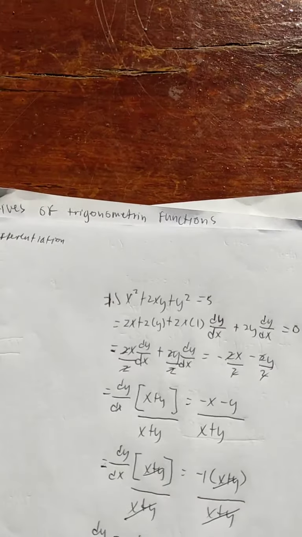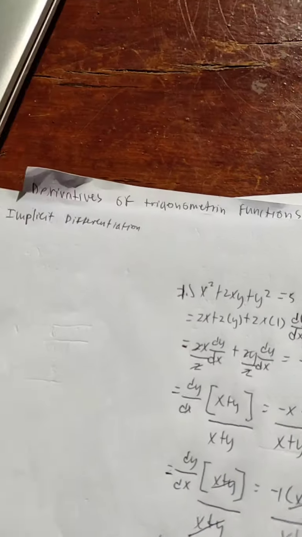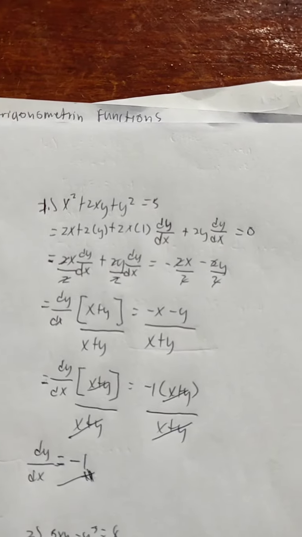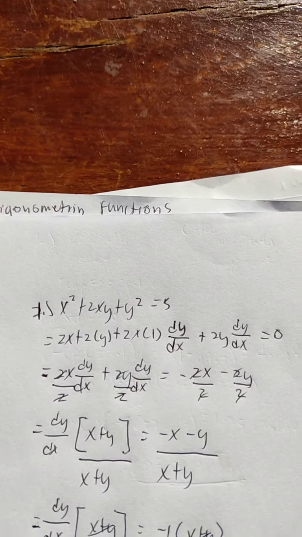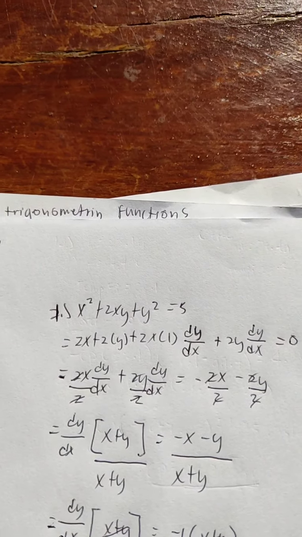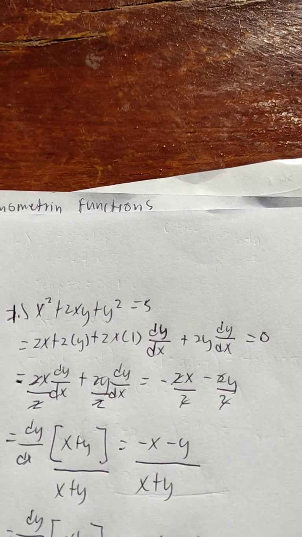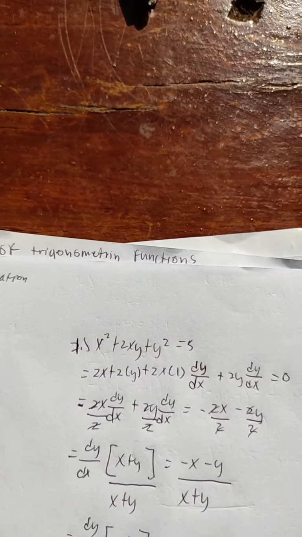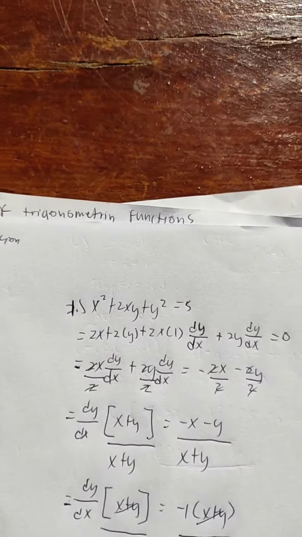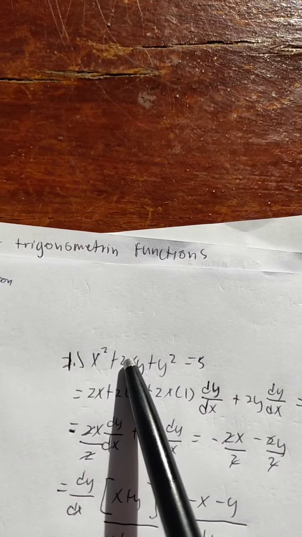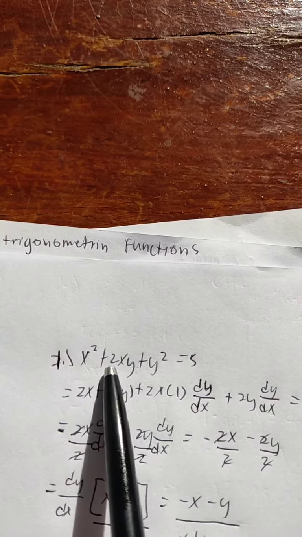So for our last topic, we'll be discussing implicit differentiation. We are given x squared plus 2xy plus y squared equals 5. For us to solve this, we first need to get each term's derivative.